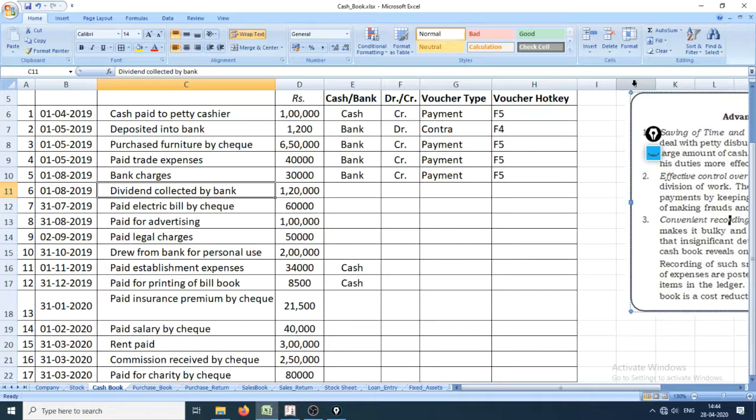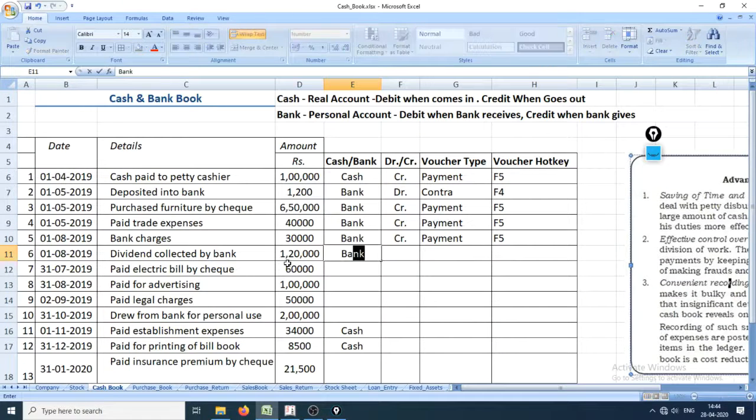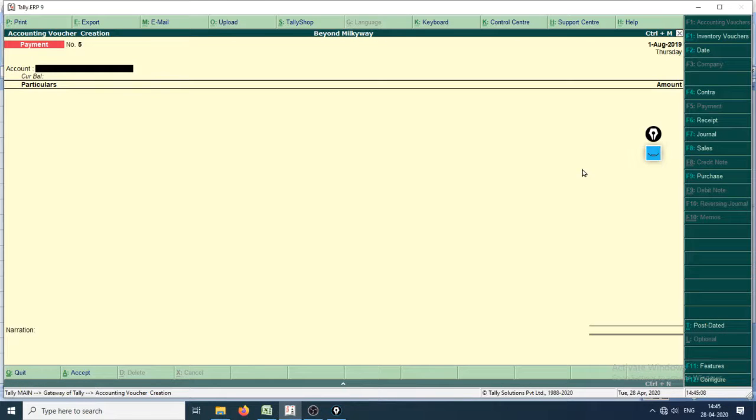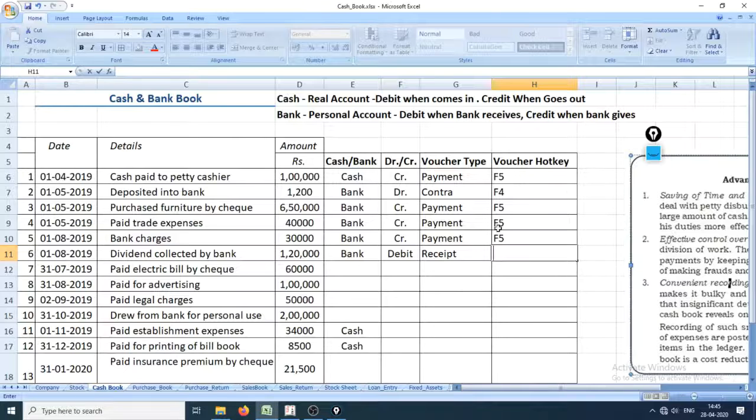Dividend collected by bank. Hence, bank is on the receiving end. Bank is a receiver. Debit when bank receives. Debit. It is also a receipt. Receipt is F4, I guess. Is it? Okay, we are not sure. So let's, okay, receipt is F6.